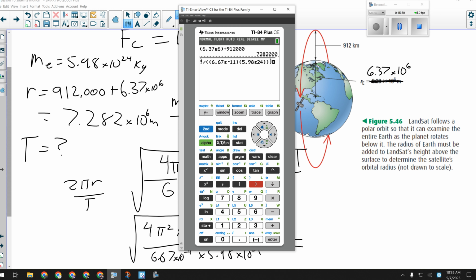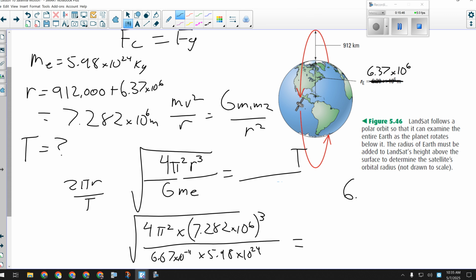That should close it all up. So the orbital period of Landsat is going to be 6,182. Actually, we only have 3 significant digits there, so 6.18 times 10 to the 3. What are my units?